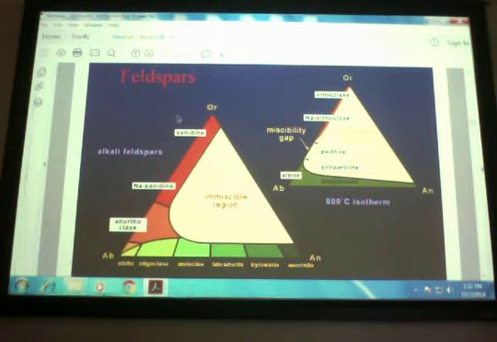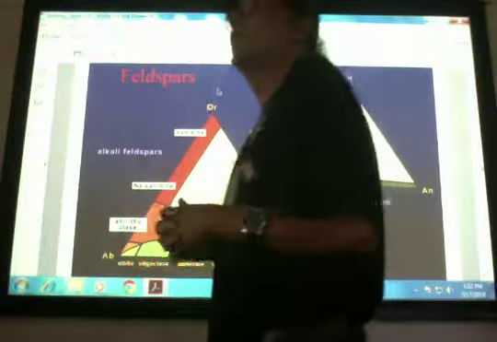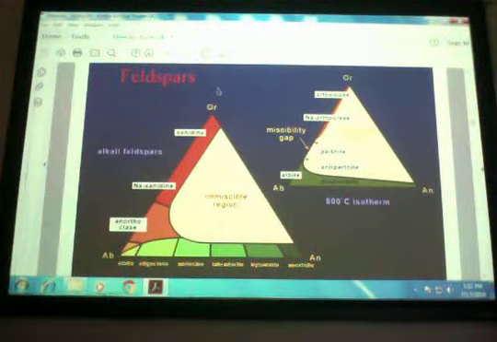At every certain pressure and temperature, a mineral has a certain mineral chemical composition.